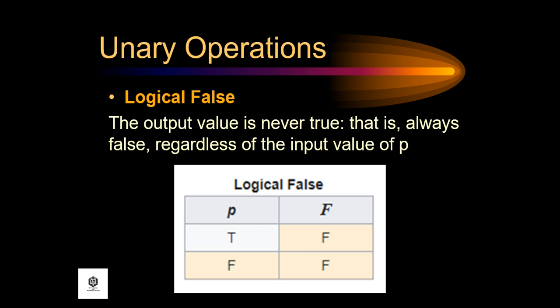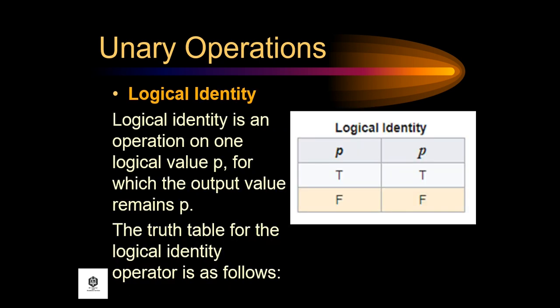For logical false, the output value is never true. That is, it is always false regardless of the input value of P. For example, in the truth table for logical false, T is equal to false, and F or false is also equal to false.